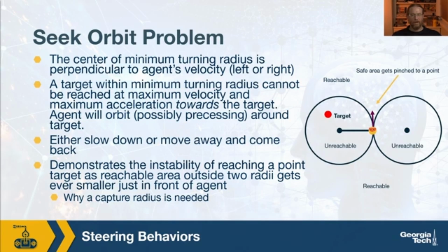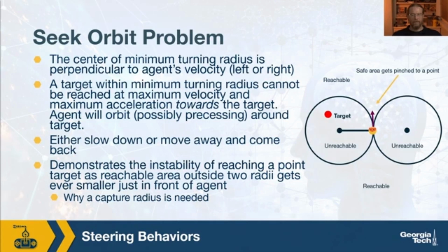And if you've already calculated the radius using the previously shown equation, you can see, if you turn full speed to the left, there's a circle. And if you turn full speed to the right, there's a circle. That is the minimum turning radius. And for any point within either of those two circles, if the agent chooses to go towards that target point at full speed and full acceleration, the agent will never get there.